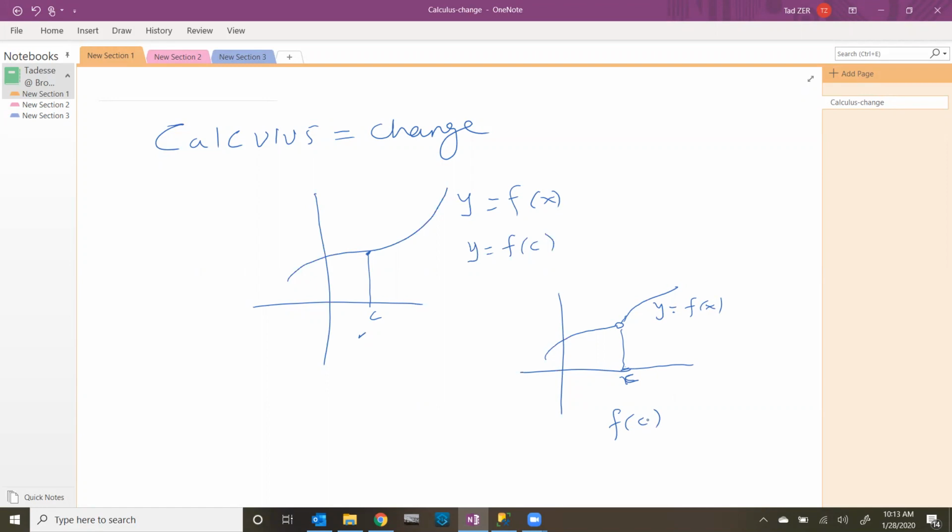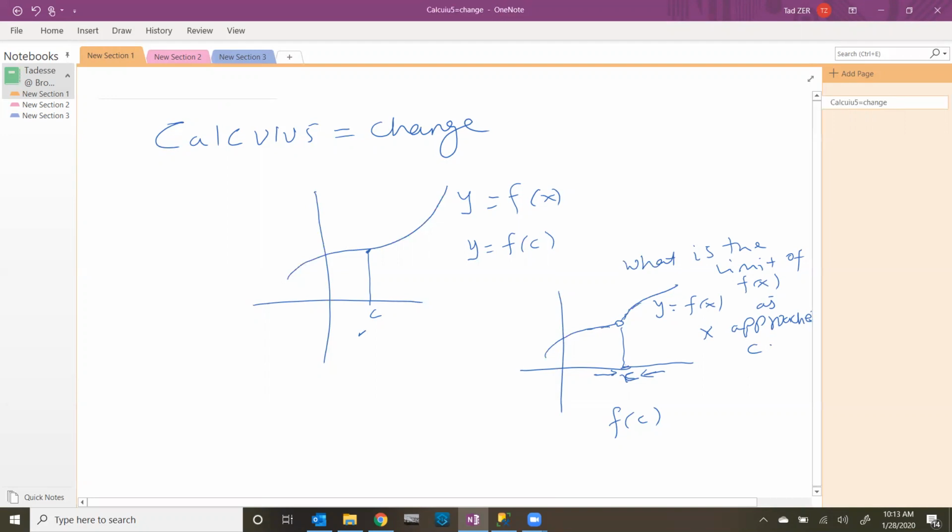What is the limit of f of x as x approaches c? So what happens when you approach c? What is happening to the y value? That is what calculus is.